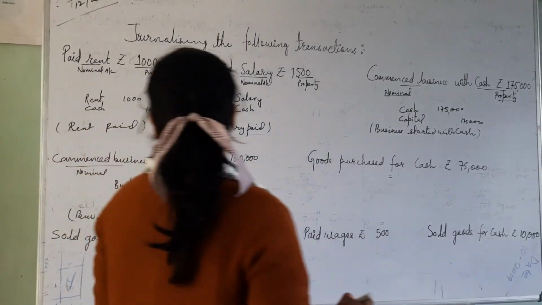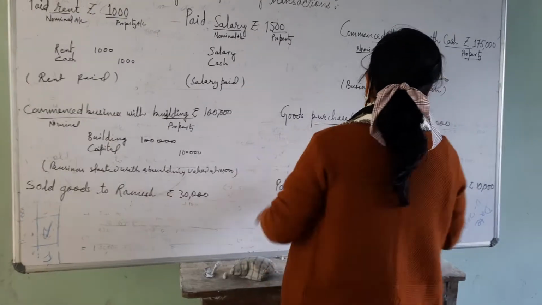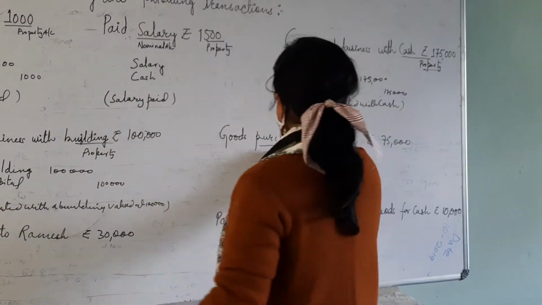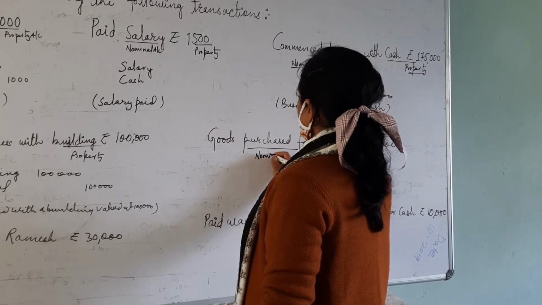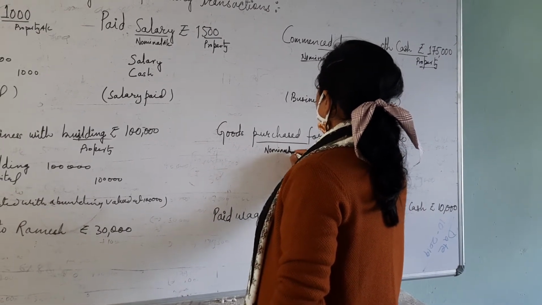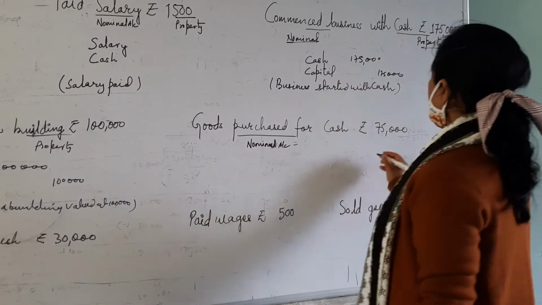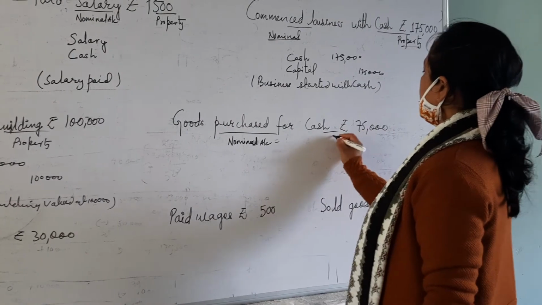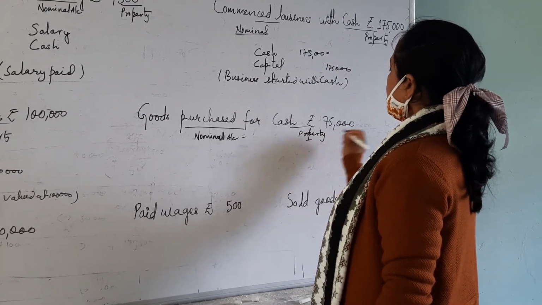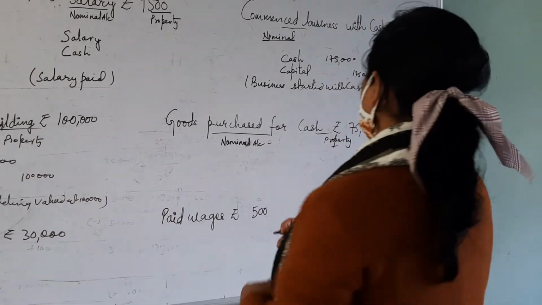Now similarly we can switch over to another transaction. Here it is purchase. Purchase means which rule? Nominal. This is nominal because when the business purchases something, it is expenses for the business, and here it is cash. This one is property. So what does the property rule say? Debit what comes in, credit what goes out. So what comes in here?